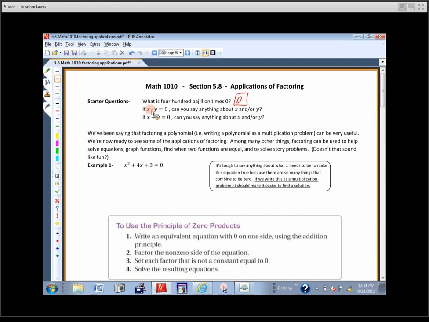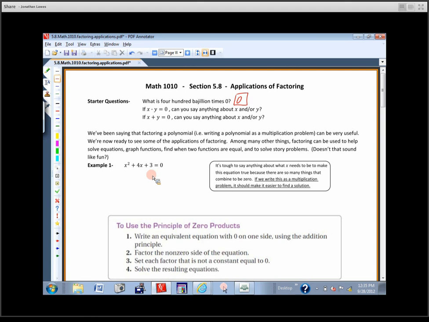Okay? So we've been factoring polynomials for quite a while, and this is what I would call the first good application of this, and it's for solving equations that look like this. So if we looked at this equation and said, I just have to come up with a number that when I square it and then add it to 4 times that number and then add 3, I get 0.